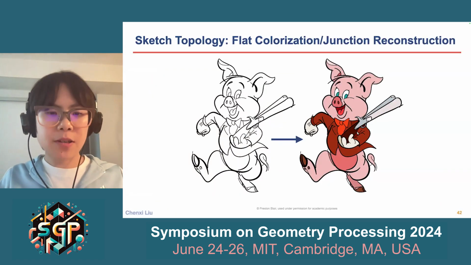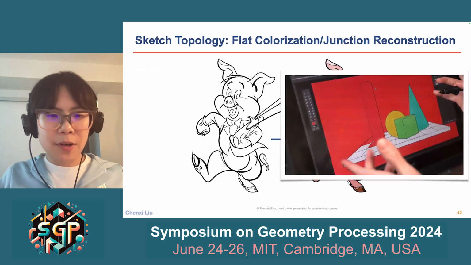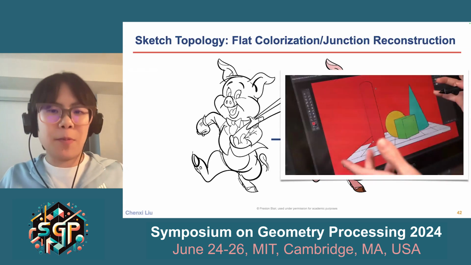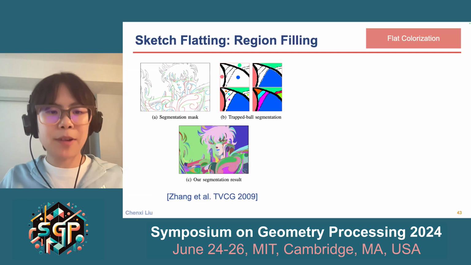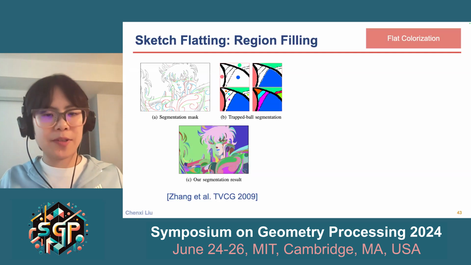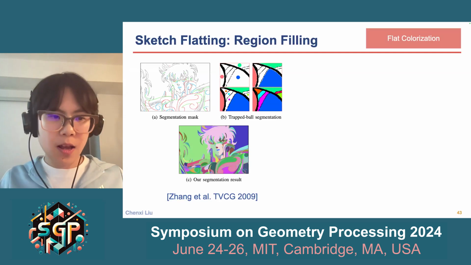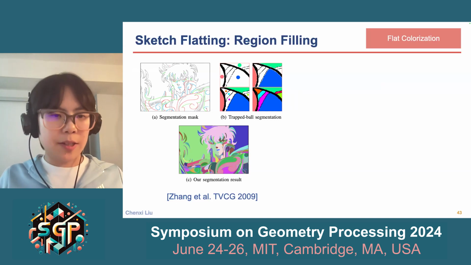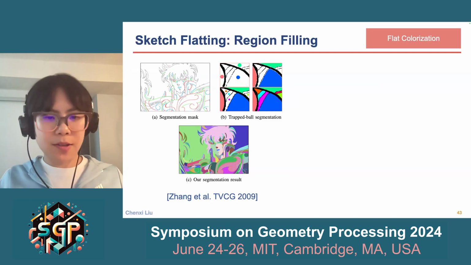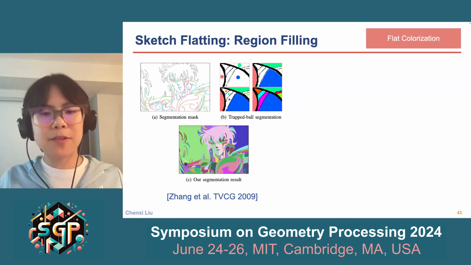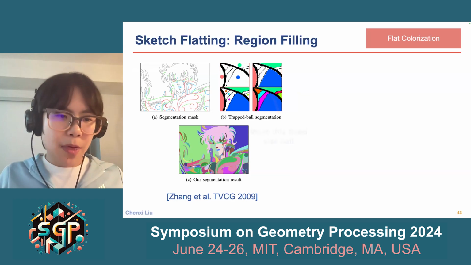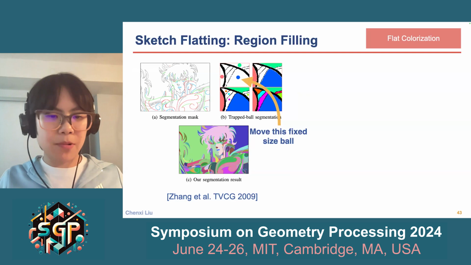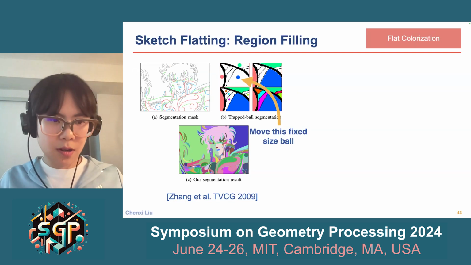Once we have a clean sketch, we want to flat colorize it, but the standard bucket fill doesn't always work out of the box. Many raster space methods finish this task by filling in the regions. A classic method is the so-called trapped ball method. It is used by many later papers, such as the fidelity versus simplicity vectorization paper. This method segments the region by moving fixed diameter balls from some seed positions.